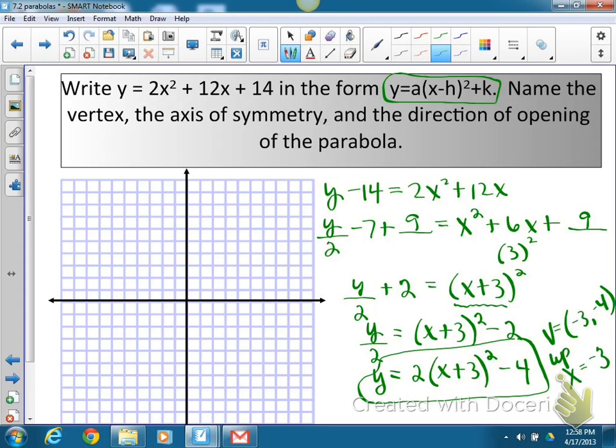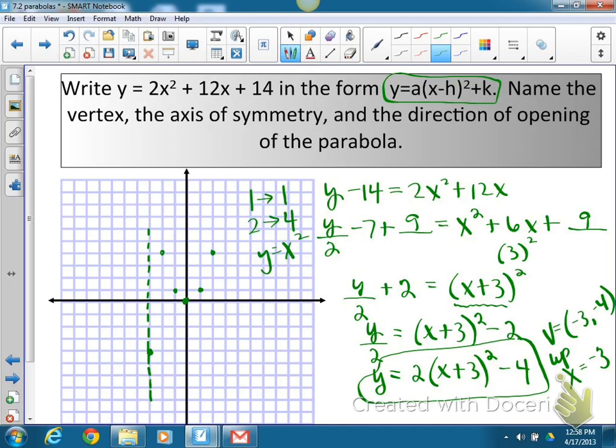So I go ahead and graph my vertex at -3, -4, my axis of symmetry, and then I recall back to the parent function. The parent function graphs the relationship 1, 1, 2, 4, because if I have my parent, which is y equals x squared, my vertex is at 0, 0, I go 1 away, 1 up, 2 away, 4 up.